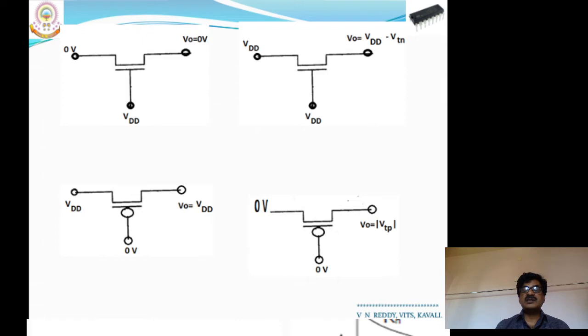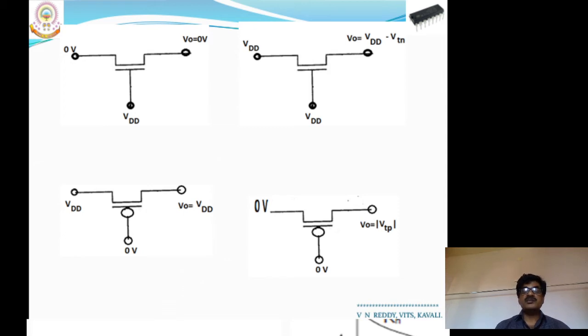So with this, the conclusion is the PMOS transistor is perfect at the transmission of logic 1, but not perfect at the transmission of logic 0. This happens because of the threshold voltage of the transistors. So the NMOS transistor is good at passing logic 0, but the PMOS transistor is good at passing logic 1.